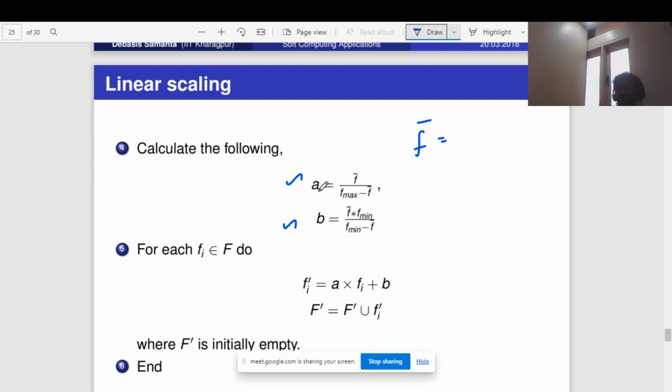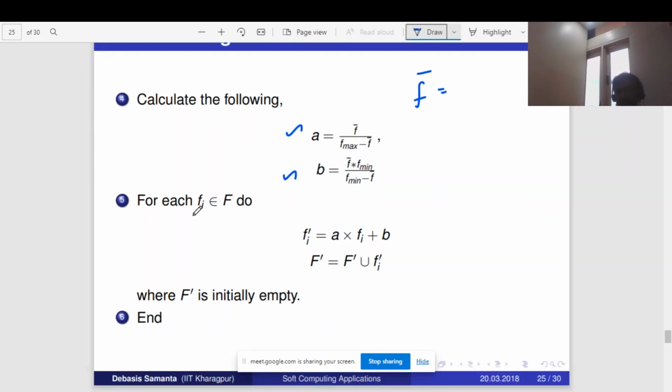Then with this, now we can calculate fi dash. For each fi we can calculate fi dash. Fi dash equals a into fi plus b. That's it. So what is f1 dash? A into f1 plus b. Like that, f2 dash is a into f2 plus b, and so on.